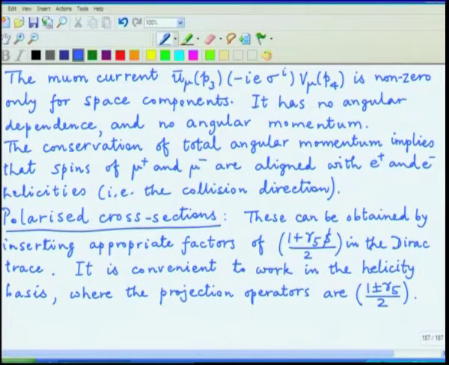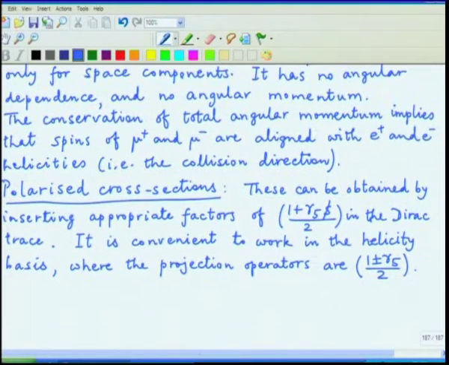It just simplifies the calculation a little bit, because the spin is cleverly taken along the direction of motion and one does not have to do too complicated a calculation.